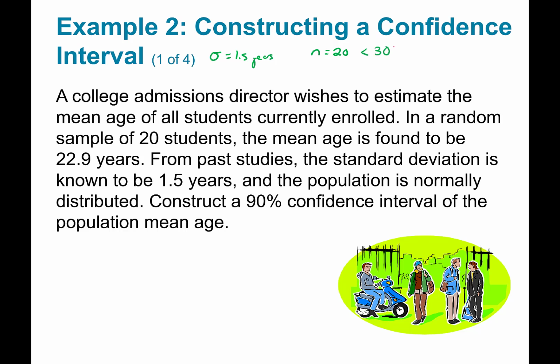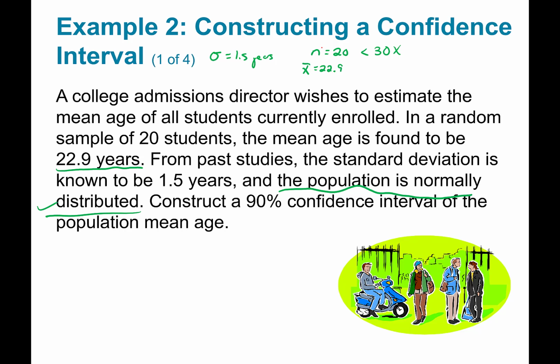That's less than 30, so that's a no. So then that means we have to know the population is normally distributed, and we do. It tells us clear as day. Population is normally distributed. So we're good. So we can proceed. So next thing, we need to find x bar and n. So we already know random sample, the mean age is 22.9 years.